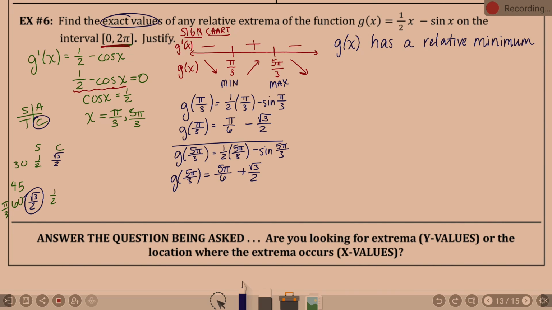Where's my minimum? At pi over 3, which, what was that value? So my relative minimum value is pi over 6 minus square root of 3 over 2 at, when does that occur? X equals pi over 3.